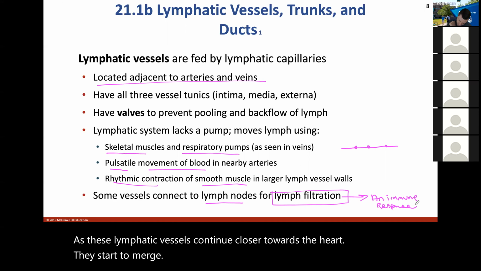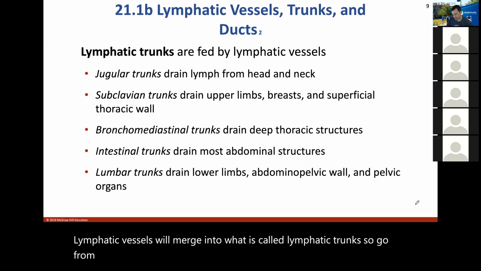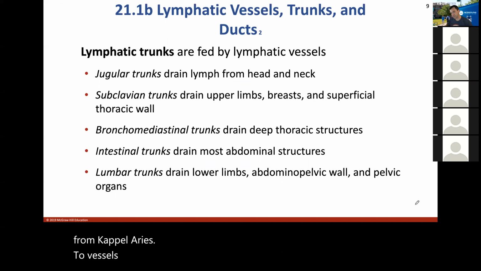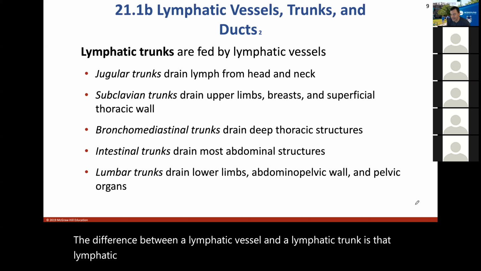Lymphatic vessels will merge into what is called lymphatic trunks. So we go from capillaries to vessels to trunks to ducts. The difference between a lymphatic vessel and a lymphatic trunk is that lymphatic trunks drain a region.